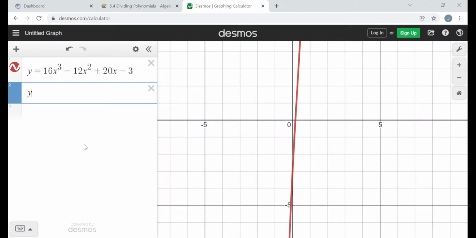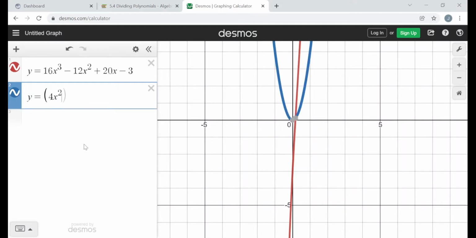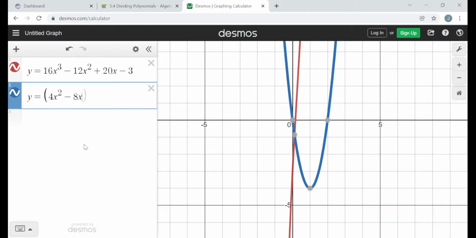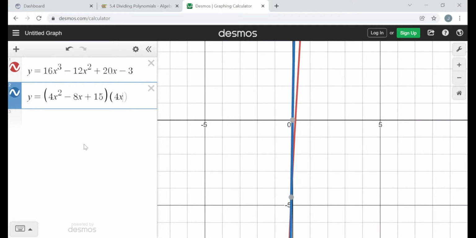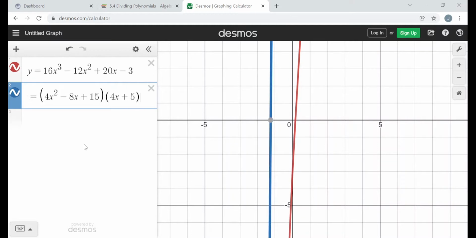Now the other function I'll graph is the quotient we got, y equals 4x squared minus 8x plus 15 times the divisor, which was 4x plus 5, and then after the quotient times divisor, plus the remainder, which was negative 78.